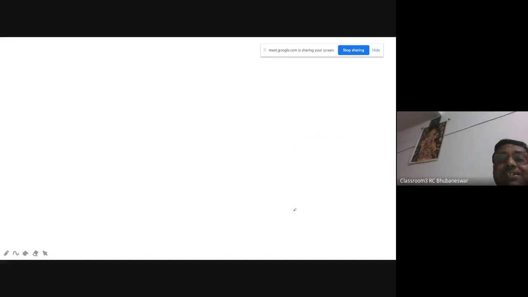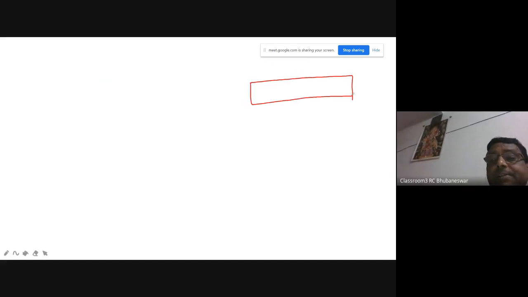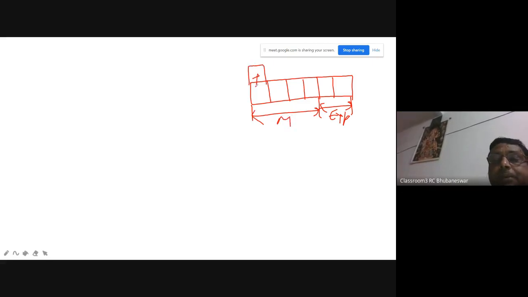Now this 6 digit portion I am keeping for the mantissa, this place for the exponent of the number, and this is your sign bit. So this will be 1, 2, 3, 4, 5, 6. There is no space, and exponent is 03. Understand?